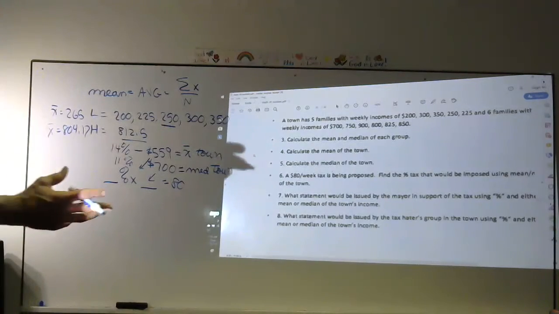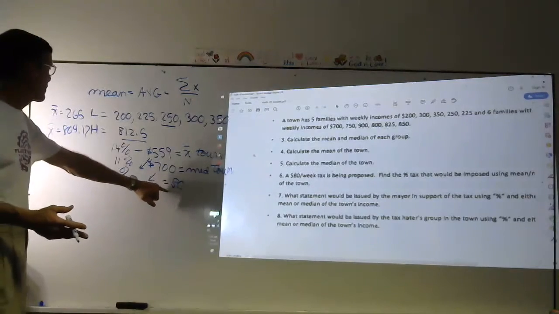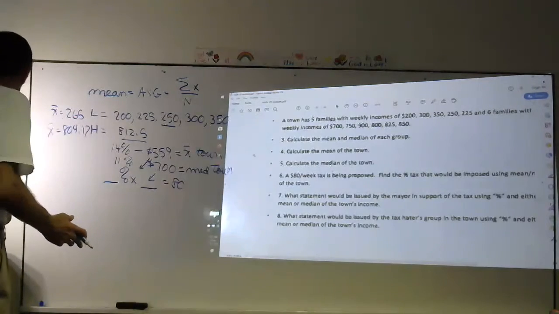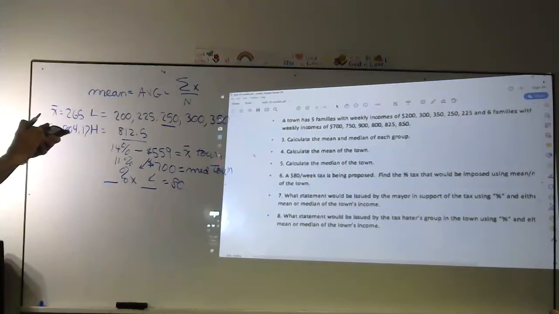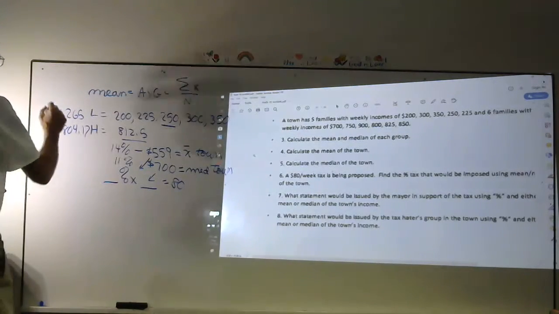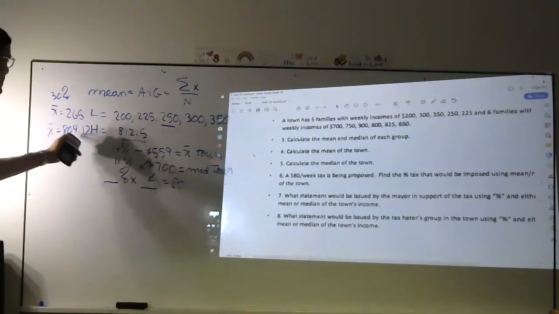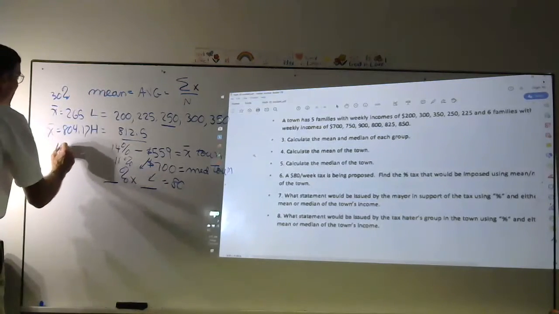And we could have even gotten this better yet had we used the $80 tax in comparison to these two, right? If you would have said the $80 tax, 80 divided by the 265, that rate of tax is a 30% tax. If you take the 80 divided by 804, it is a 10% tax.